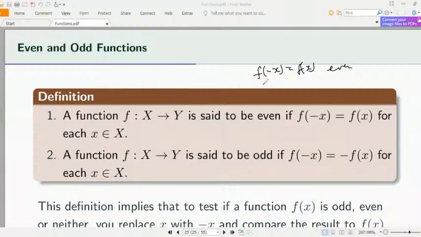But if f of negative x is the same as f of x multiplied by negative, then the function will be odd. If none of this is true, then the function is neither even nor odd.